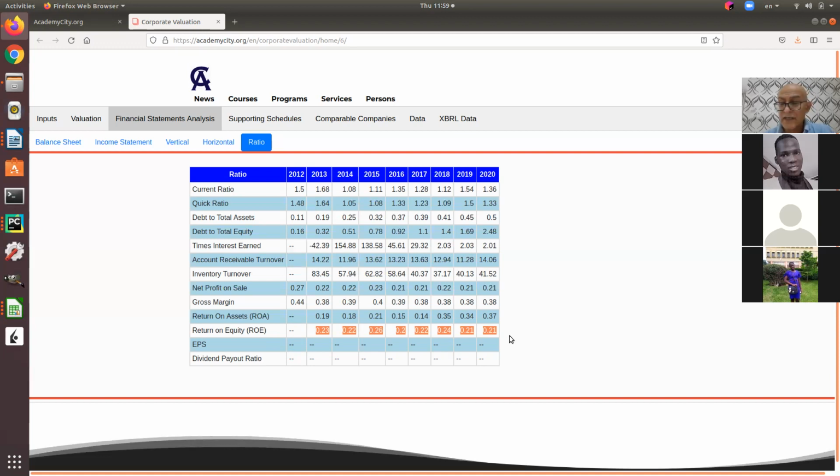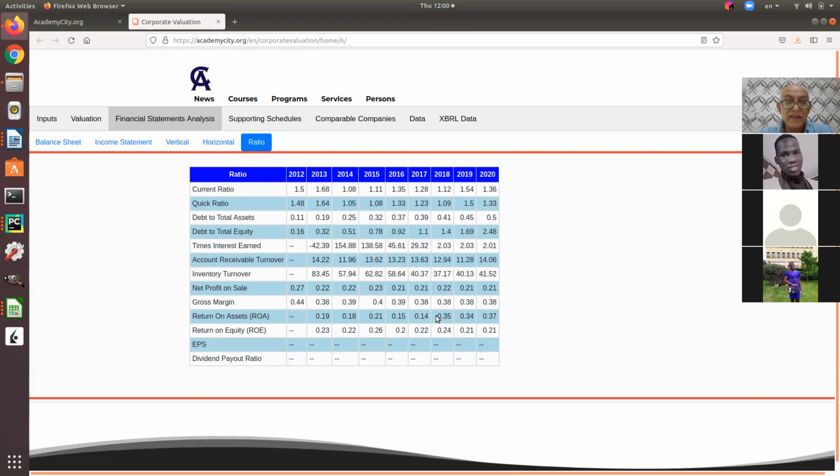We saw companies like Lehman Brothers didn't survive the 2008 crisis. Who knows? So increased debt for Apple did increase the total return on asset, but it did not increase return on equity.